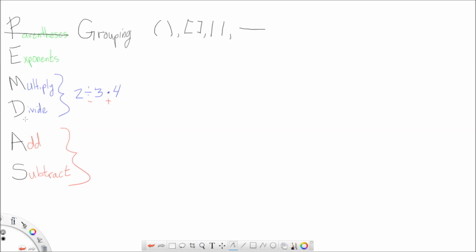So dividing is actually correlated to this, but when you have a lot of stuff up here and a lot of stuff down here, this division is actually going to act as a grouping, and we'll do stuff to the numerator, then stuff to the denominator, and then we'll do our division.